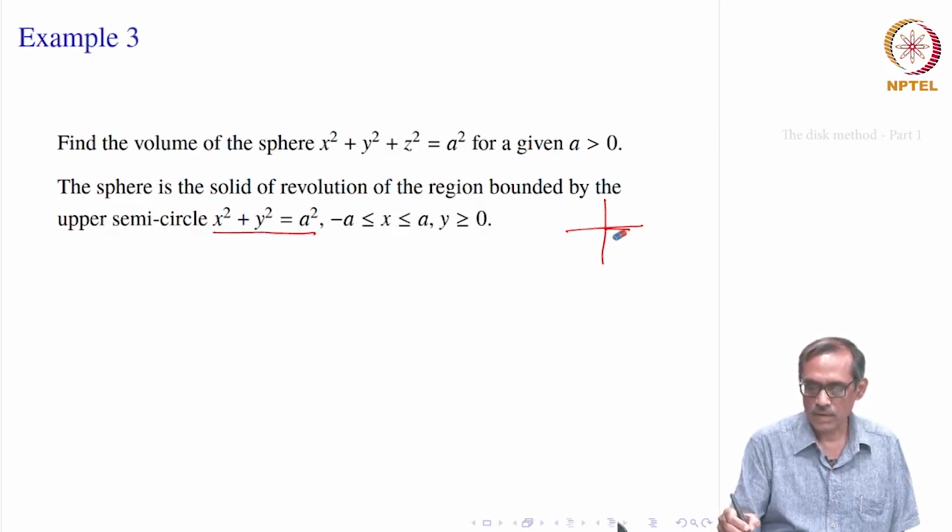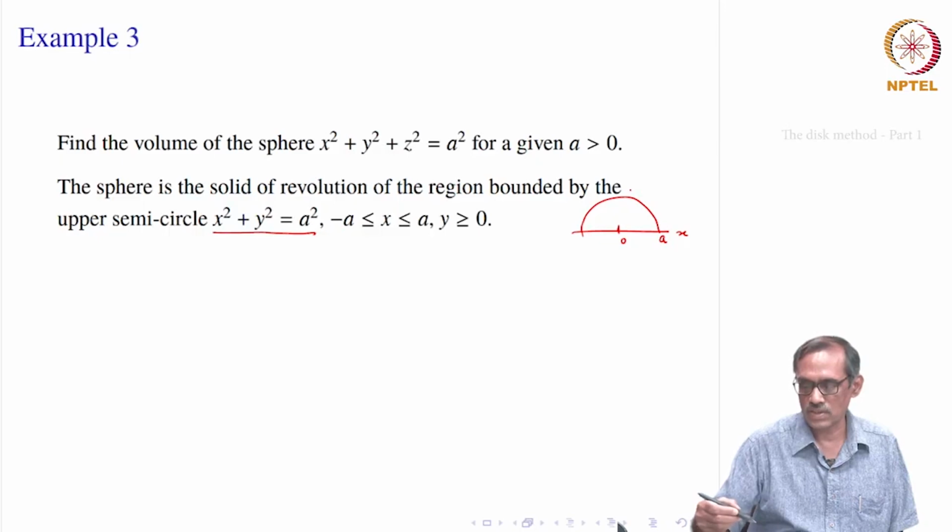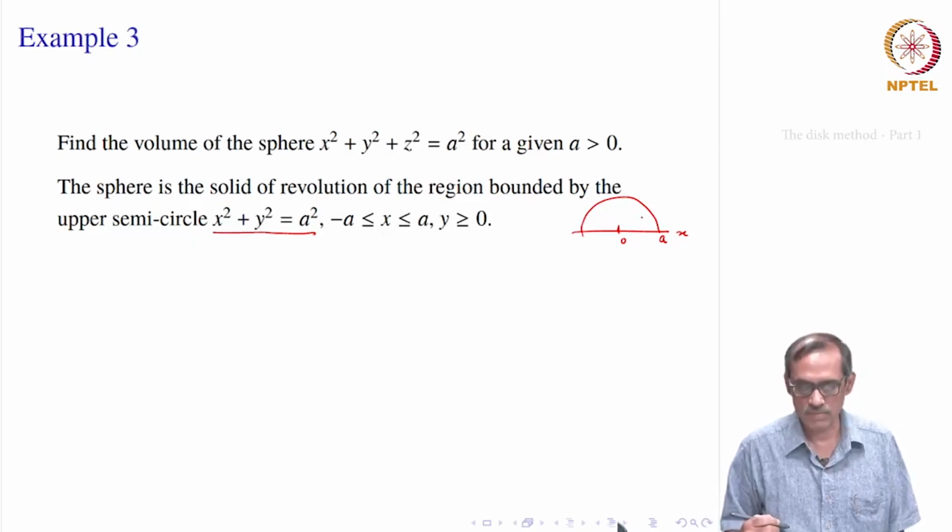Here this is 0 and this radius is a, this is the x axis, and then we revolve this semicircle around the x axis to obtain the sphere. If you take the whole circle and revolve, you also get this sphere, but you in fact get twice the sphere, because they are repeated. There is no repetition here in obtaining the solid of revolution.